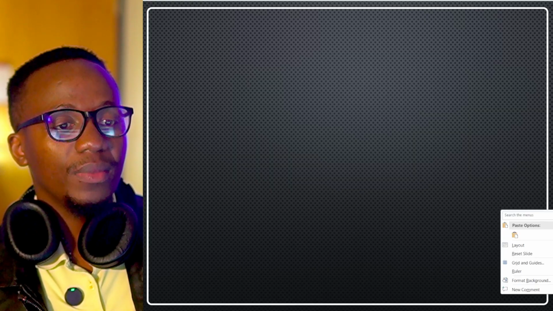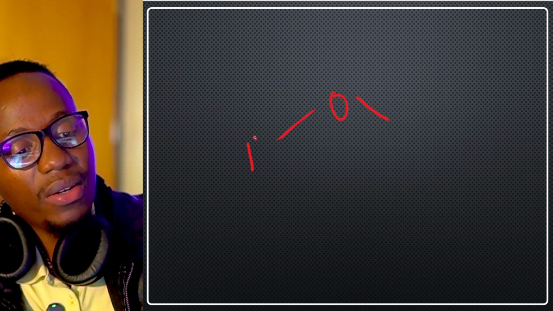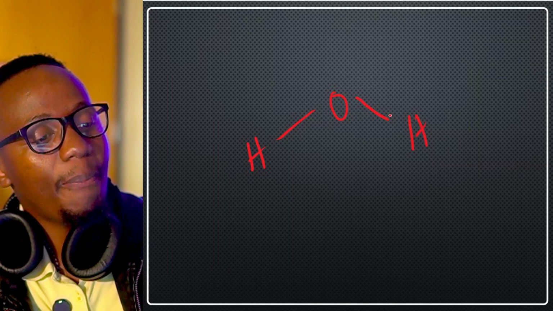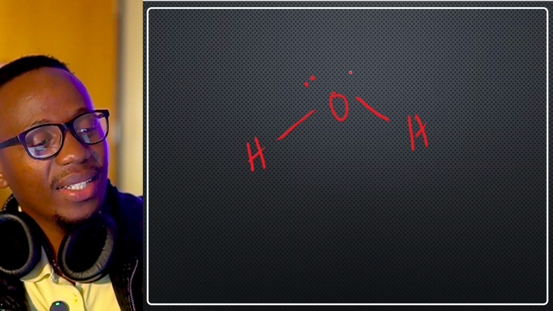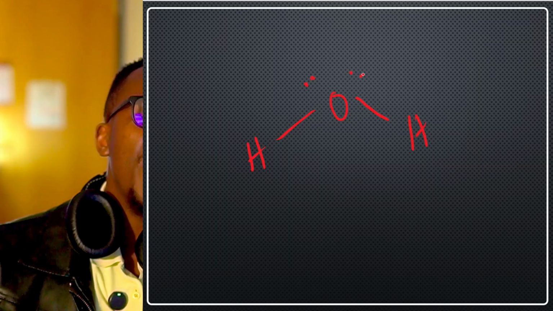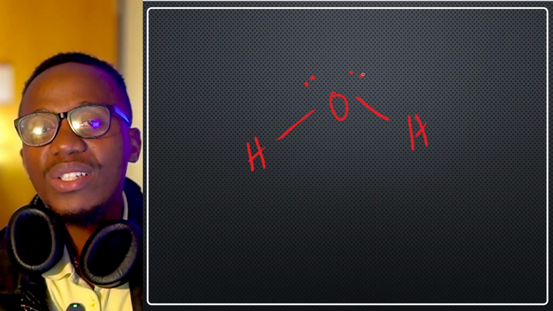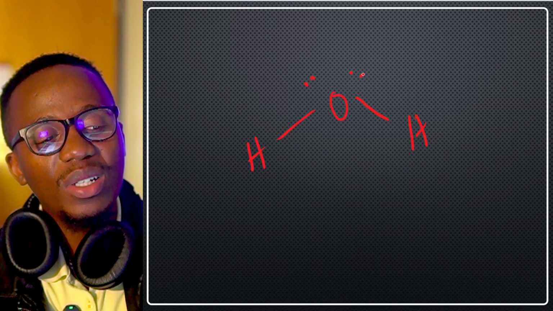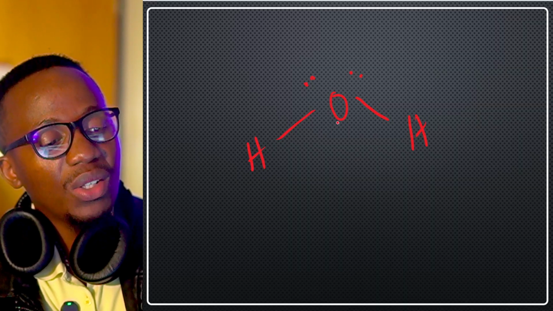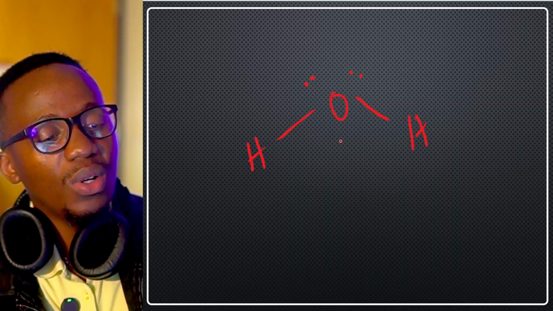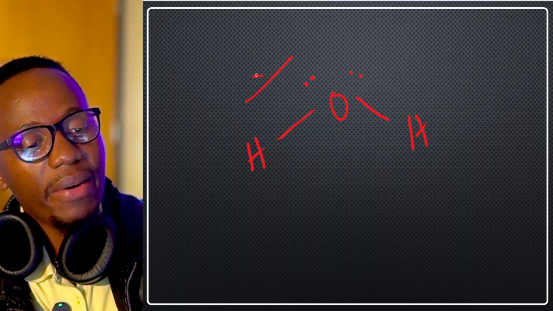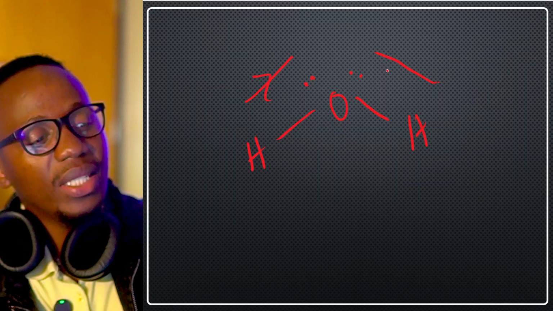Let's say water, H2O. H2O is oxygen, hydrogen, but now that we know geometry, we know that it's bent. So if I ask you, is H2O polar or non-polar? You'll say, between hydrogen and oxygen there's polarity because oxygen is more electronegative. So there's polarity here, and then there's polarity here.